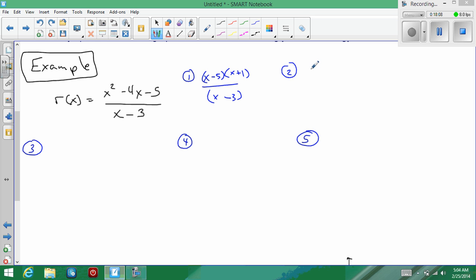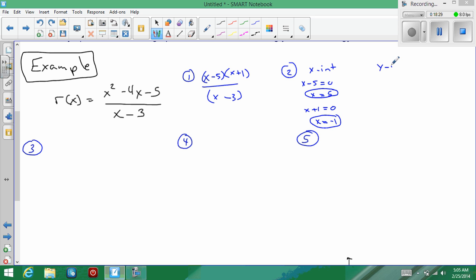For step 2, the x-intercept is found by setting the numerator equal to 0. So both factors, x minus 5 and x plus 1. So we will get x equal to 5 and x equal to negative 1.